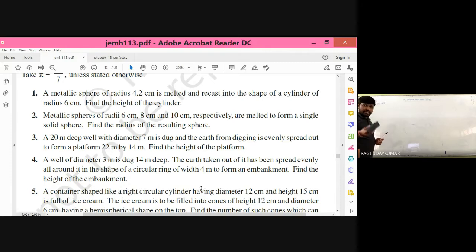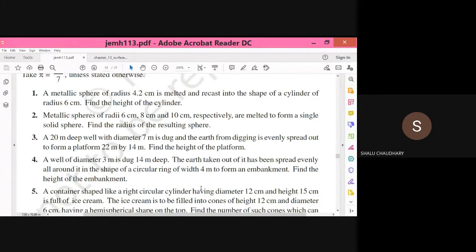Metallic spheres of radius 6 cm, 8 cm, and 10 cm, respectively, are melted to form a single solid sphere.